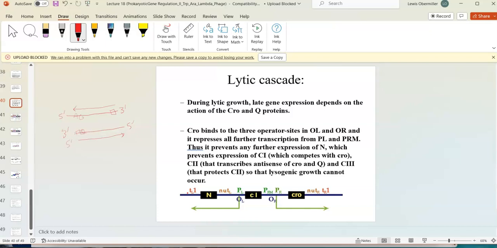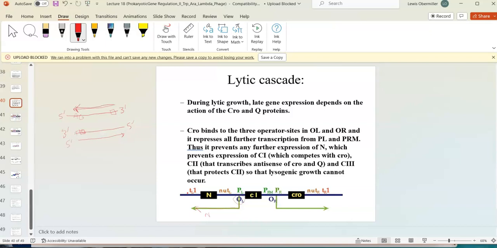It's written 5 to 3 always, but it can be read 3 to 5 on either one of those strands in either direction. And this is a good example of this. So this N gene is being produced by reading, in this case, the upper strand, right, in this direction.